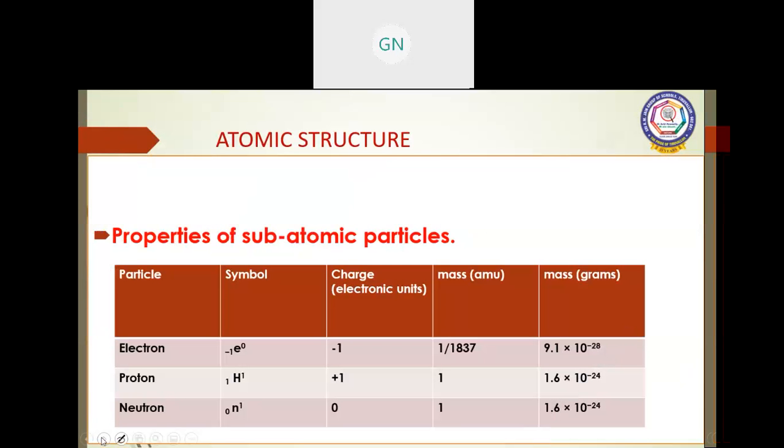Let me see about the symbol and the charge of the three subatomic particles.